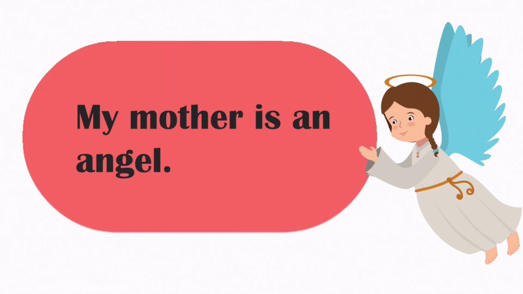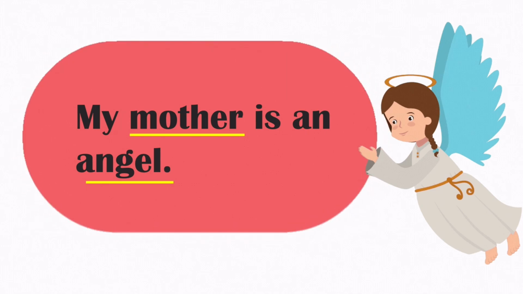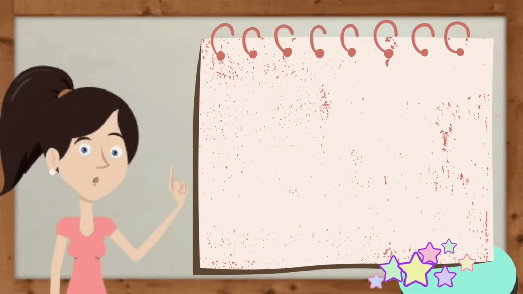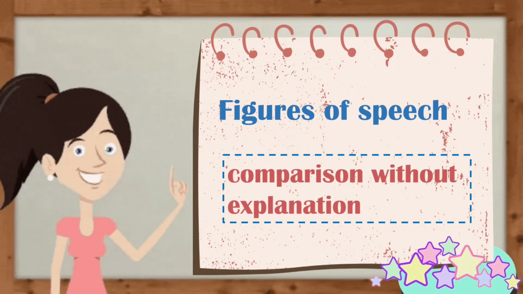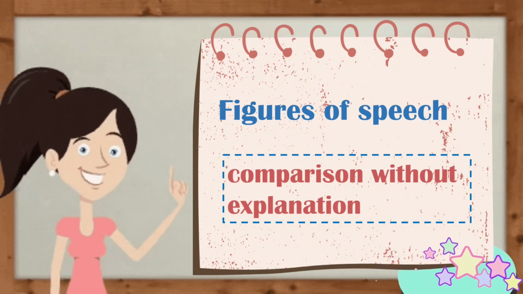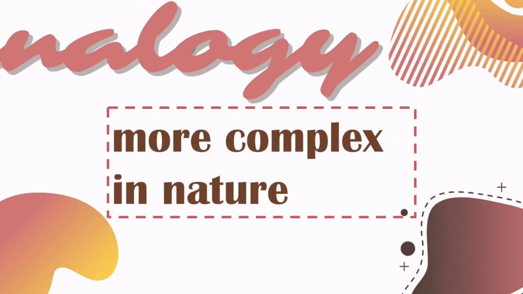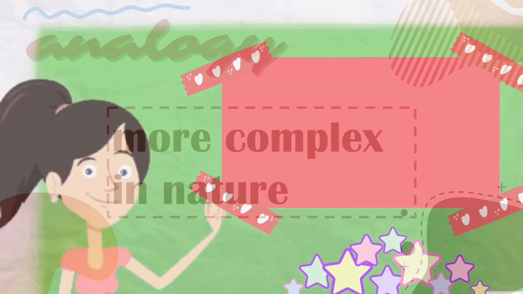In this sentence, mother is being directly compared to an angel without using like or as. Remember, figures of speech only aim to show comparison without providing clear description or explanation. As such, analogy is more complex in nature than figures of speech.